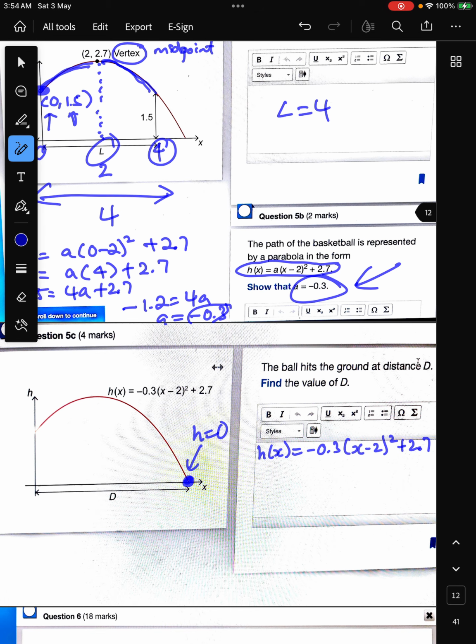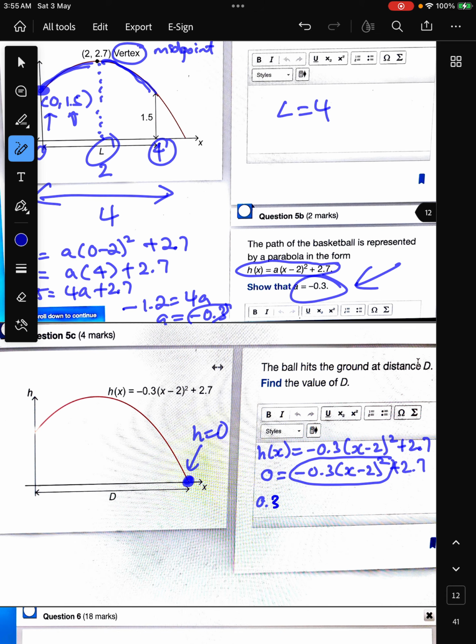Now, if we know that the height is 0, then typically what we do is put h of x to be 0 as well, which is like the y value. So if we solve this equation, we just need to find what x is here. What I would typically do is make this positive, so it's going to look something like this.